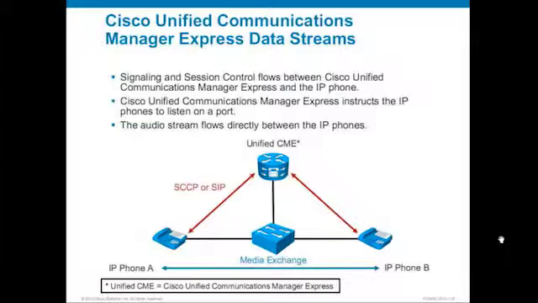So by signaling and sending the number that it wants to call, IP phone A over to Cisco Communications Manager Express, Cisco Communications Manager Express is going to look up where is a destination, and it's going to signal that end station, and it's going to provide the necessary ringtone. Once the user with IP phone B picks up, a direct connection through Real-time Transport Protocol is established between these two endpoints.